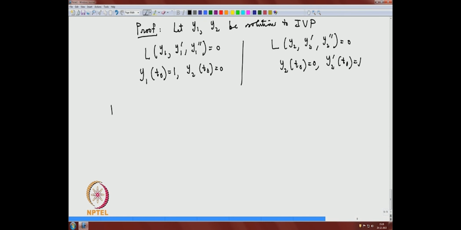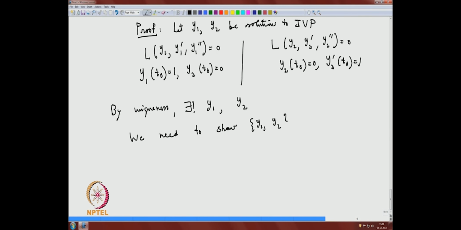So by uniqueness there exist unique y1 and y2. We need to show that y1, y2 are independent.